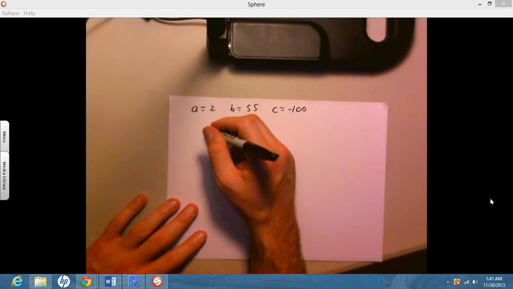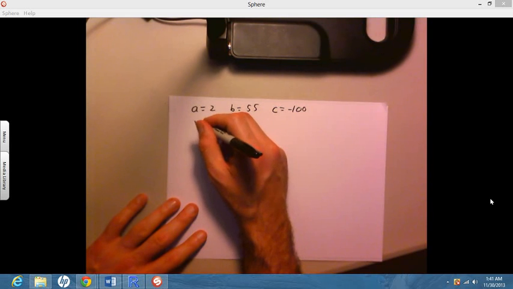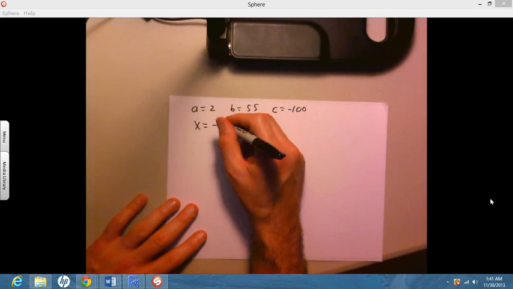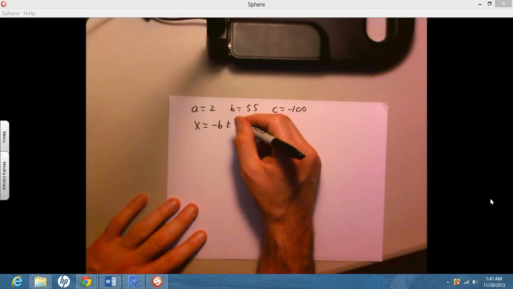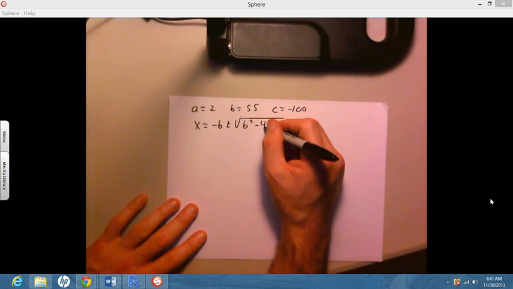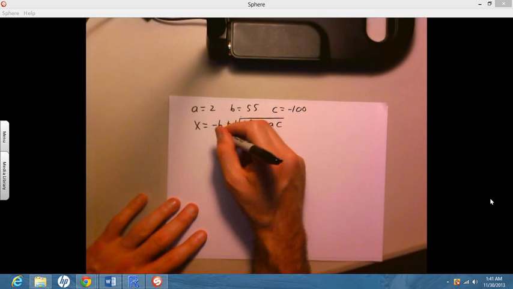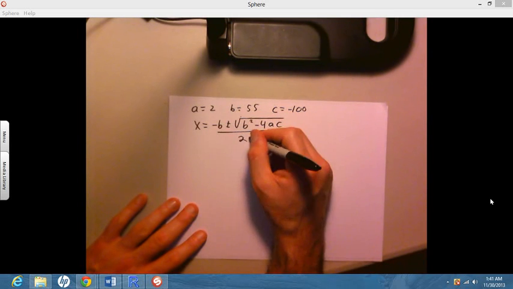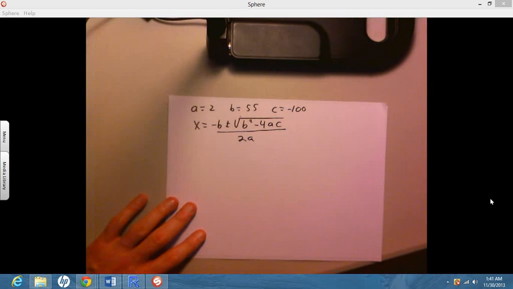So we have x is equal to negative b plus or minus the square root of b squared minus 4 times a times c, all divided by 2a. Now I divided everything out by 2 before because I could, and smaller numbers are nicer to work with.